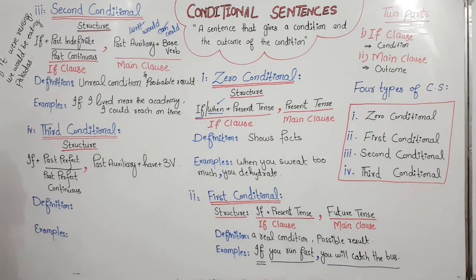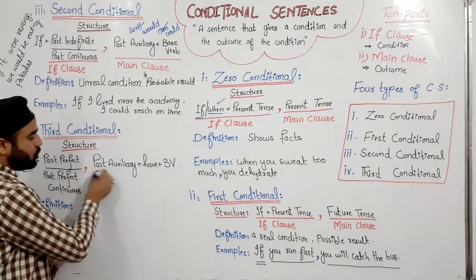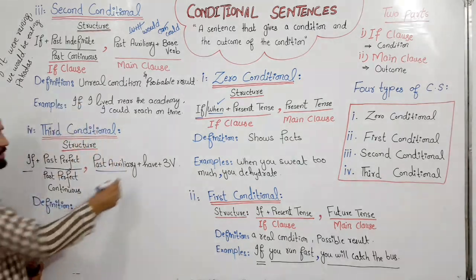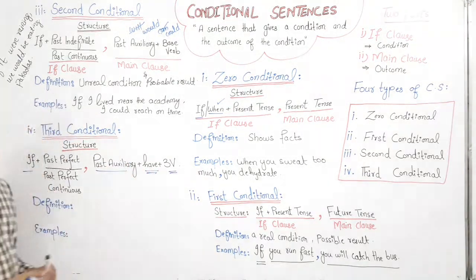Then the last conditional sentence is the third conditional sentence. The structure is if plus past perfect or past perfect continuous tense, right? And then after the comma, the main clause will be a past auxiliary, as I already told you, and then have, which is necessary, and then the third form of the verb.